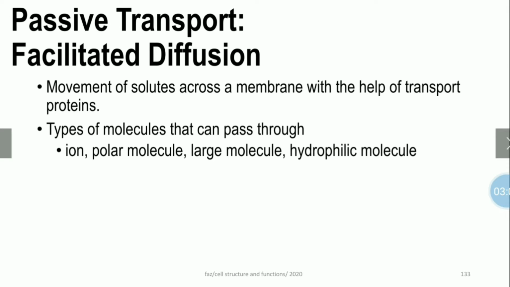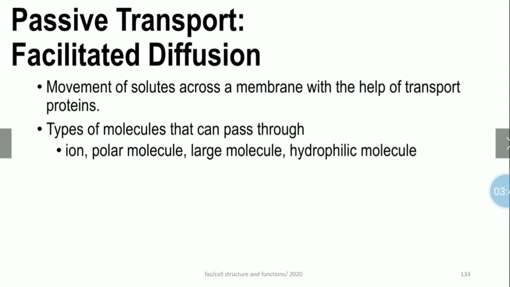Second is facilitated diffusion. When we mention facilitated, it means that this kind of transport mechanism requires something to facilitate the diffusion, because it is not simple diffusion. So what kind of structure facilitates or assists the diffusion? This facilitated diffusion is assisted by transport protein.